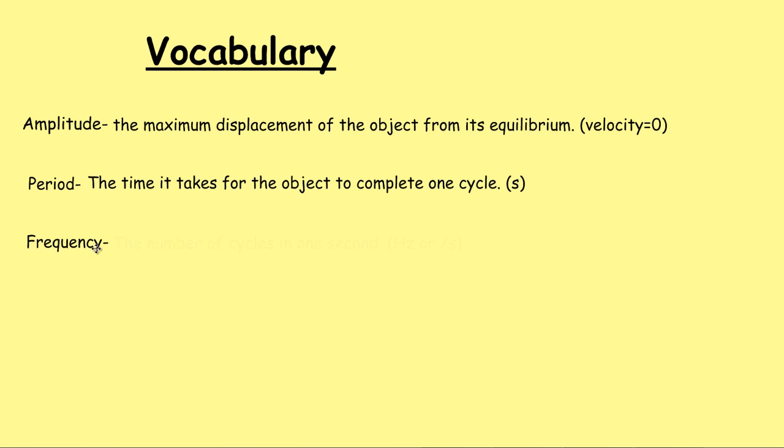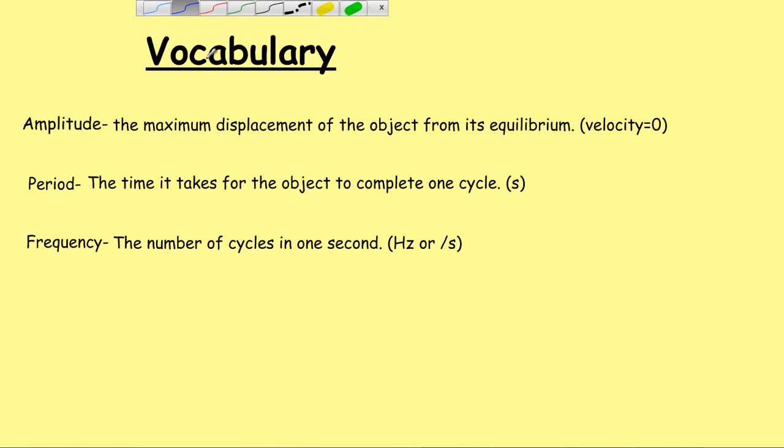Now, this is a new word that we haven't seen yet, and it is the frequency. The frequency is the number of cycles in 1 second, and it's measured in hertz, or per second. As you can see, these two are inverses of each other. We have seconds, and we have per seconds.